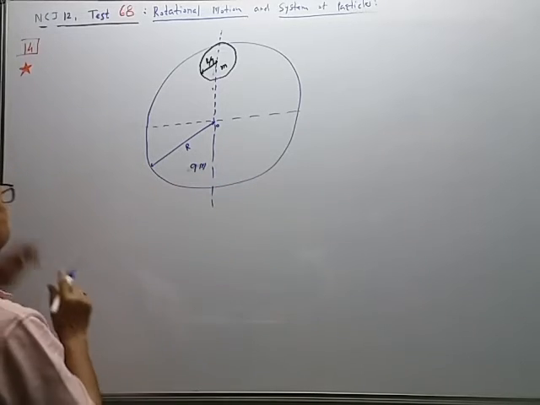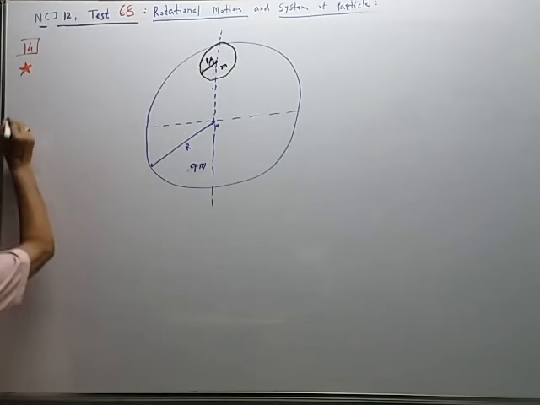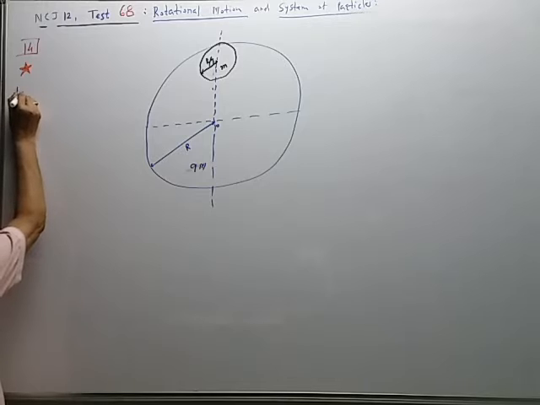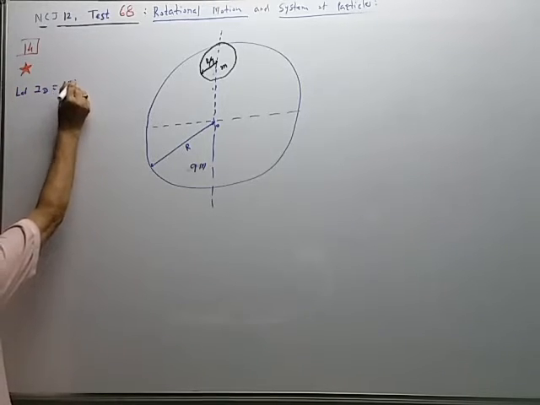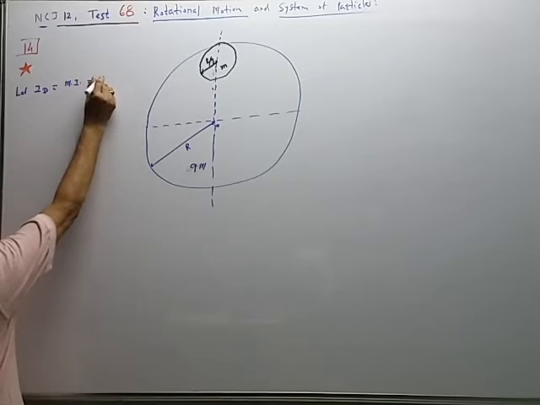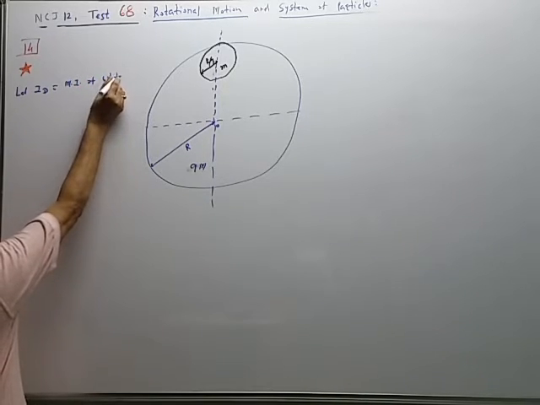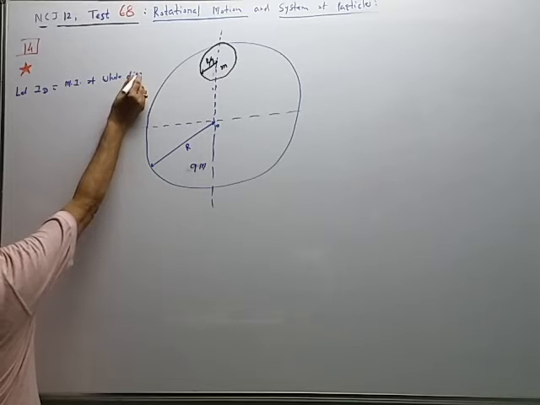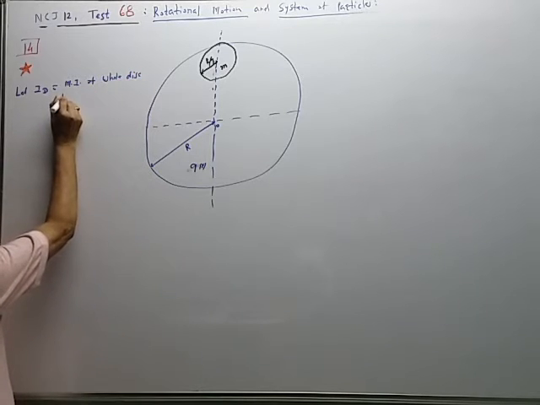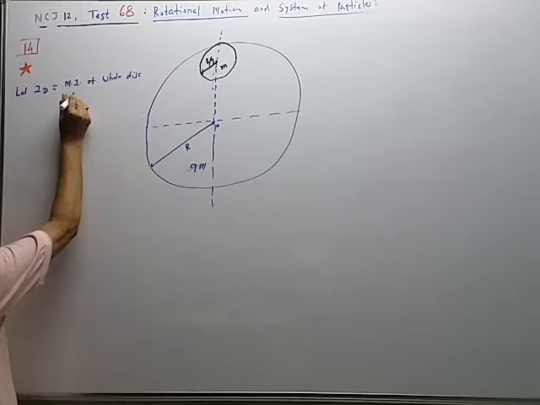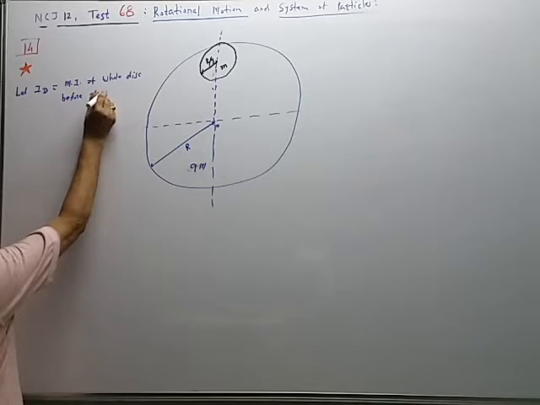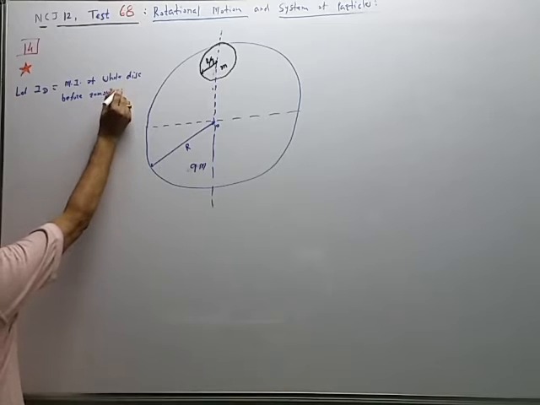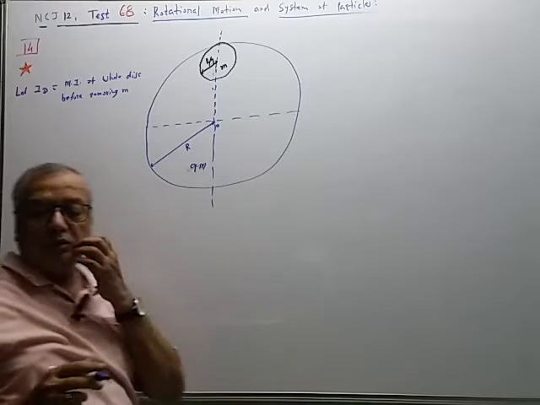So let ID be the moment of inertia of the full disc before removing, or before making the hole.